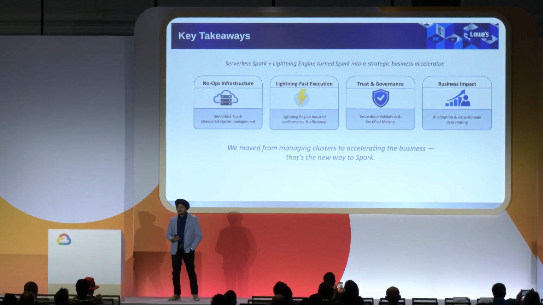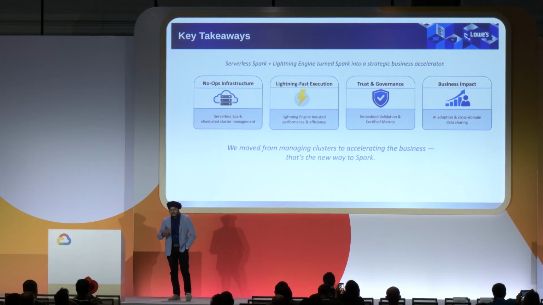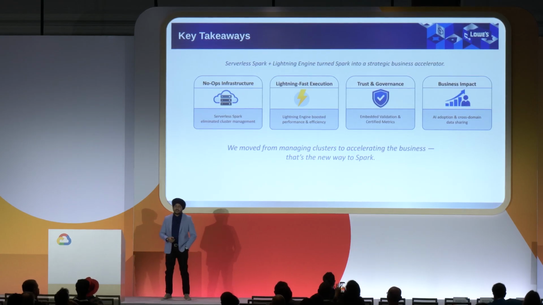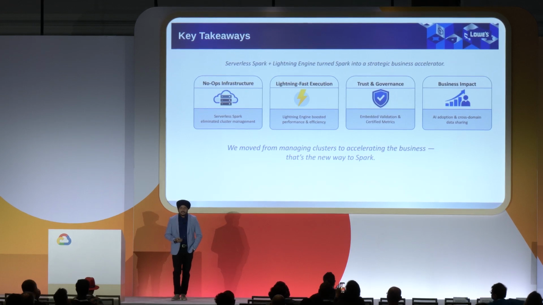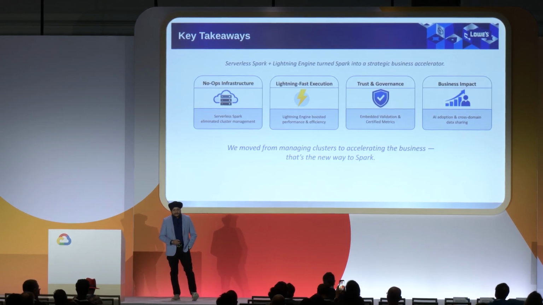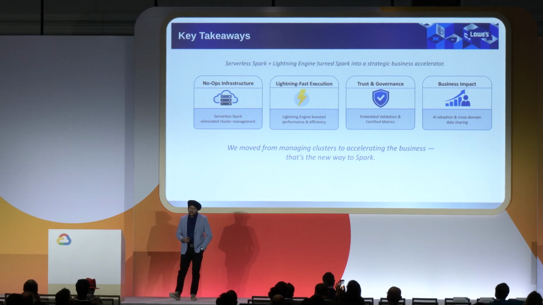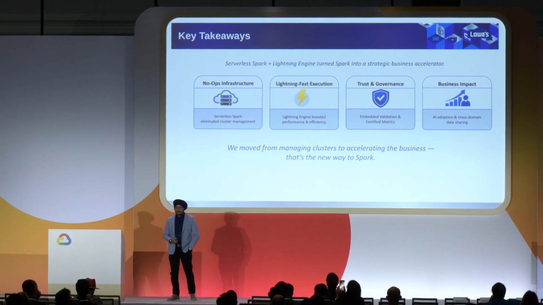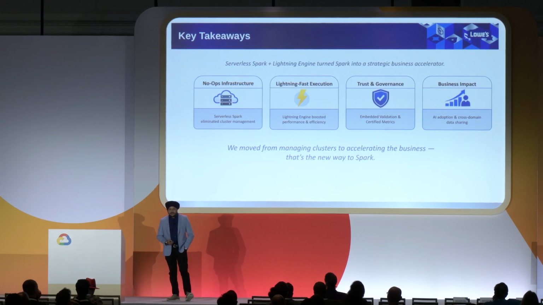The third key takeaway: with the help of Spark and the GCP ecosystem, we are able to integrate our data governance layer, which helps us build our certified metrics, our scorecard, and AI-based products. It helped us adopt AI, cross-data domain work, and data sharing at pace.